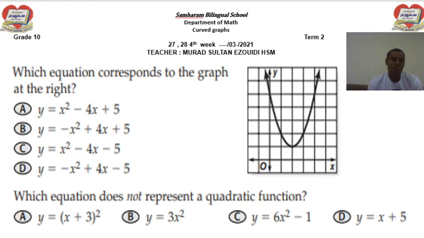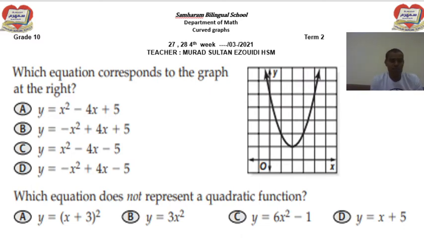This one, if you expand it, will be x squared, so there is an exponent of 2. But this one is a linear equation, of a straight line, x to the power 1. So this one is not a quadratic equation.